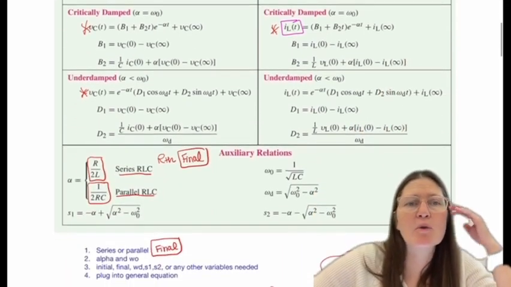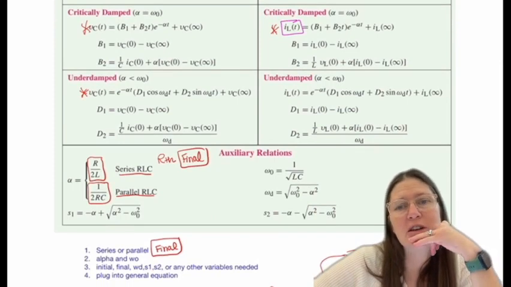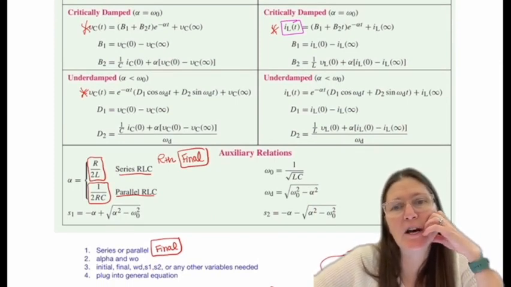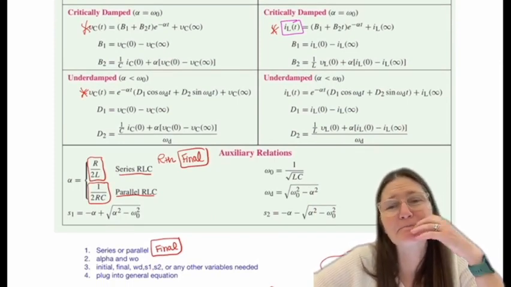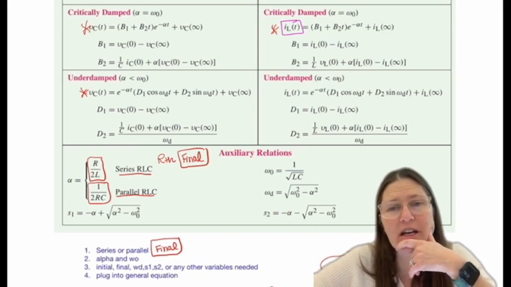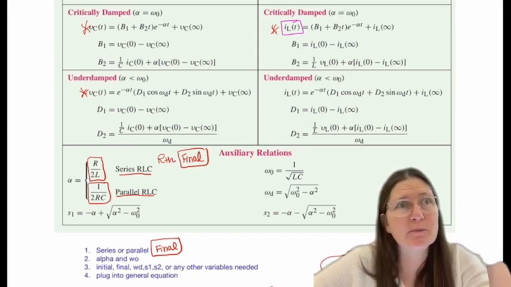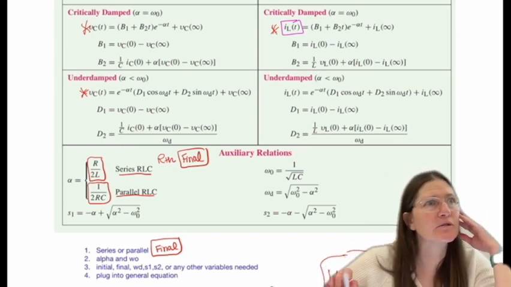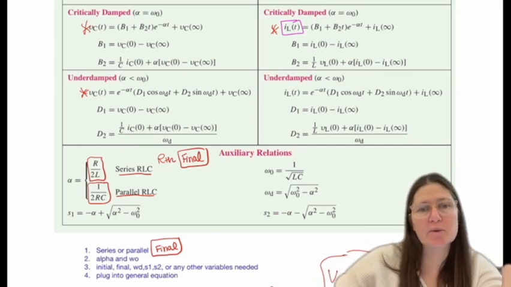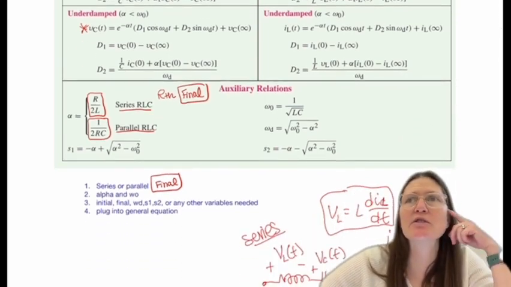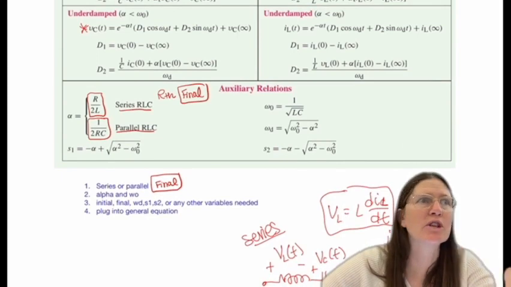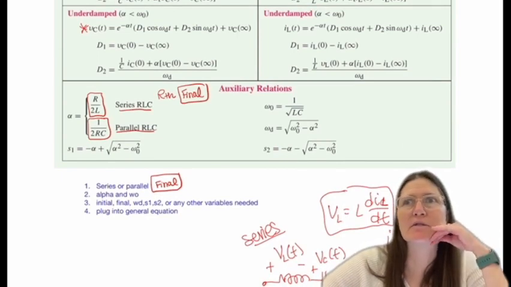And then for underdamped, you're going to need this other one called omega D, sorry, the damping frequency. And so those would just be from the equations themselves. Once you get all those variables, then you can just plug into the general form of whichever characteristic it's in. Does that make sense?